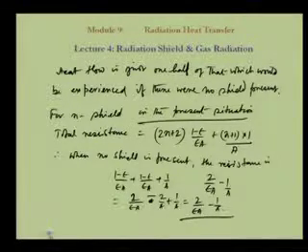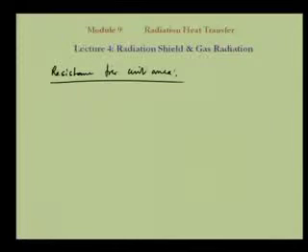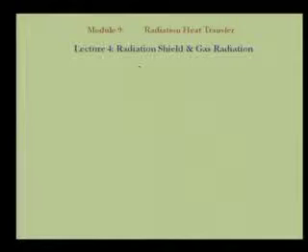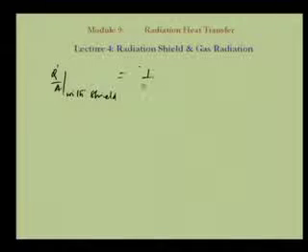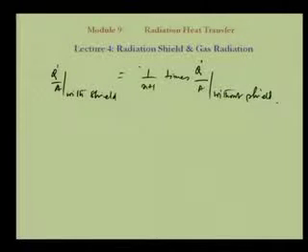Now, if I consider the flux per unit area, Q dot by A with shield will be equal to 1 by (n plus 1) times Q dot by A without shield. How are we saying that?